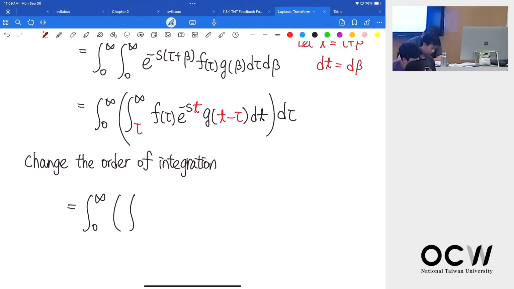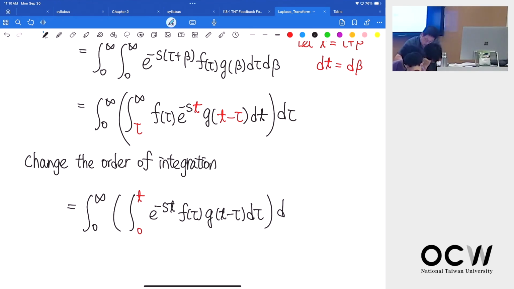So here should be 0 to t, e to the minus st, f of tau, g of t minus tau, d tau, and then dt.